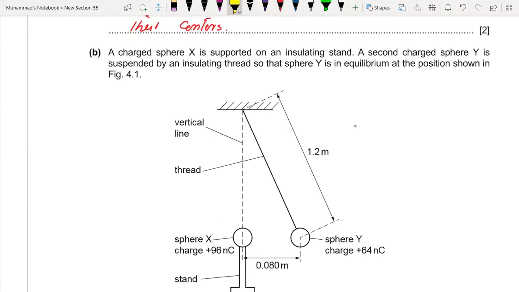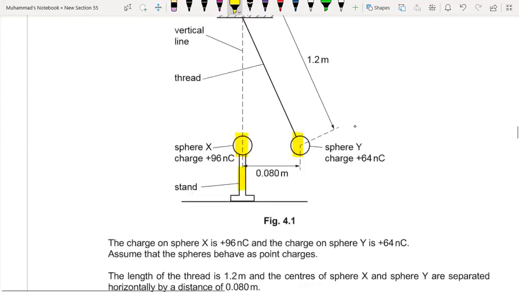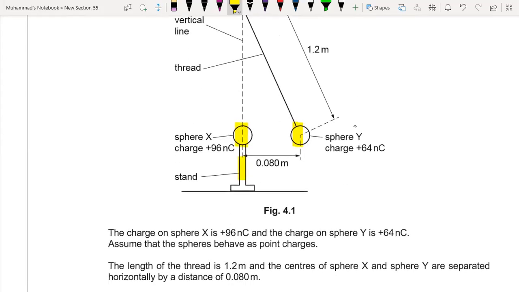B part. A charged sphere X is supported on an insulating strand. This is charged sphere X, and the strand is insulating. A second charged sphere Y is suspended by an insulating thread so that the charged sphere Y is in equilibrium at the position shown. So this charge Y is in equilibrium because of the repulsive force of this sphere.